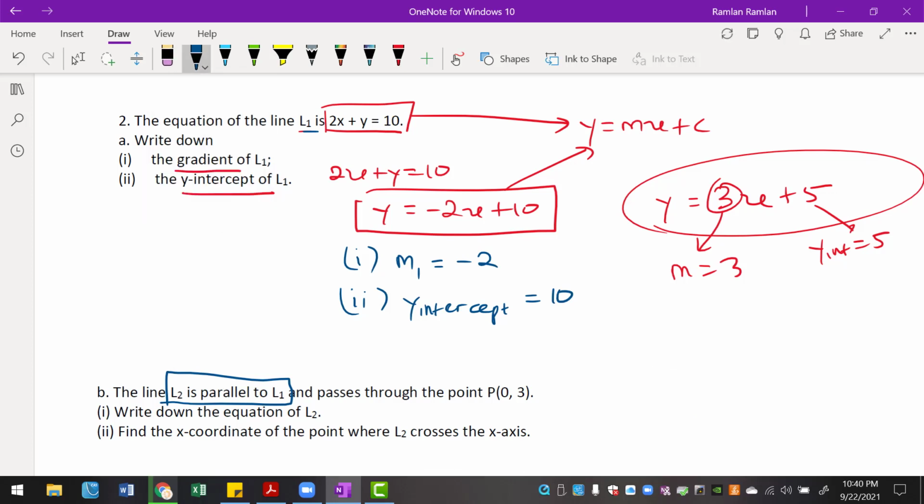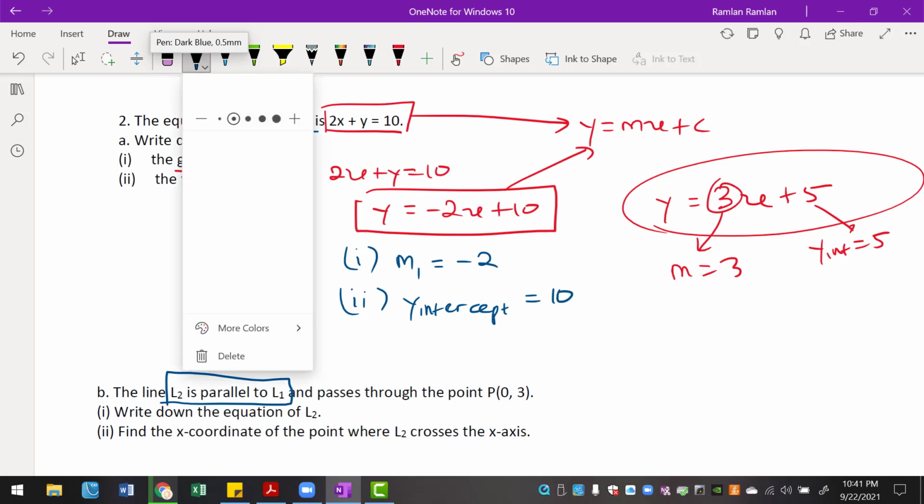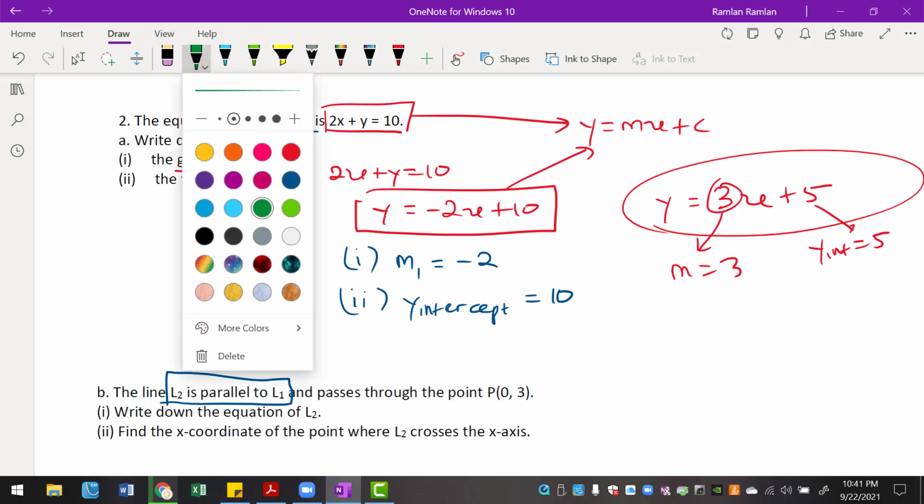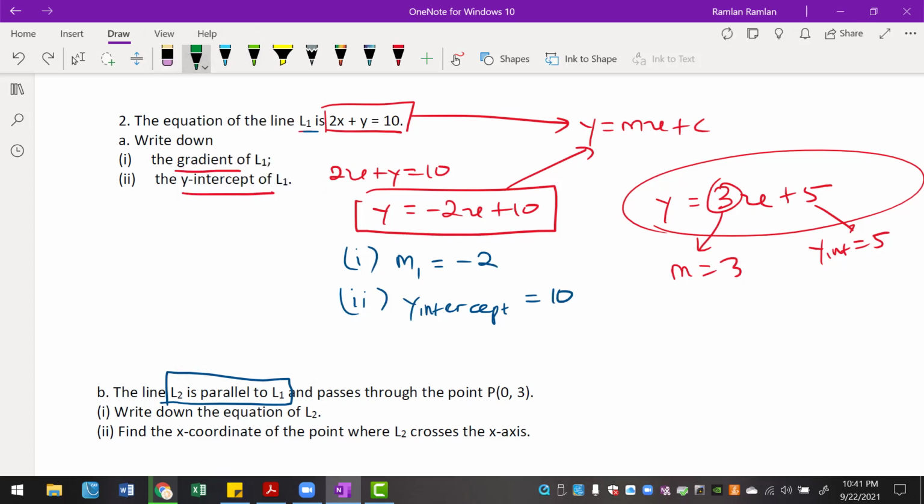We know that the gradient of L1 is minus 2, so because they're parallel, m1 equals m2. So m2 is also going to be minus 2. That is the gradient.